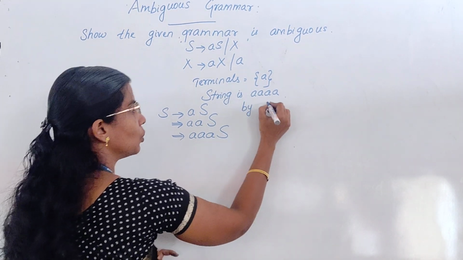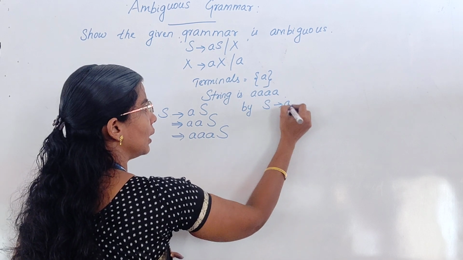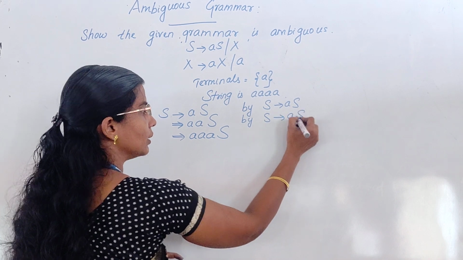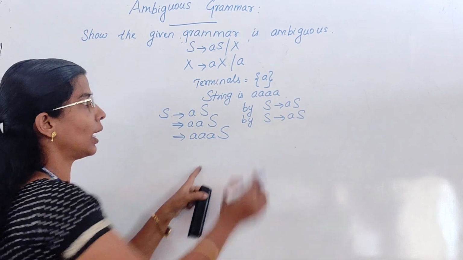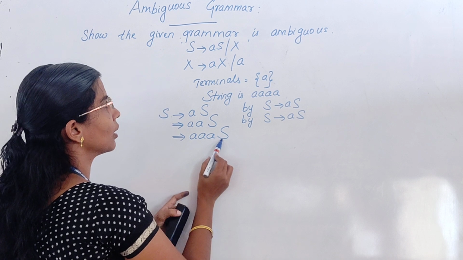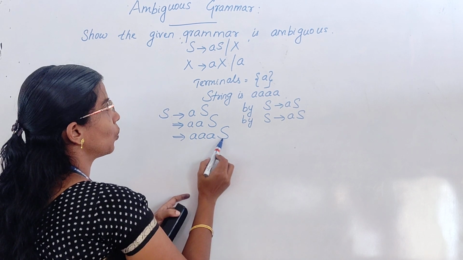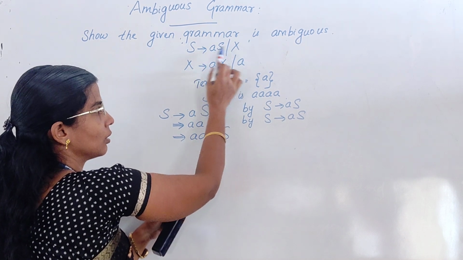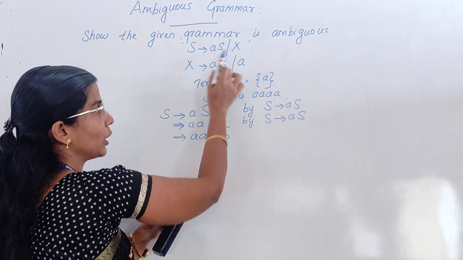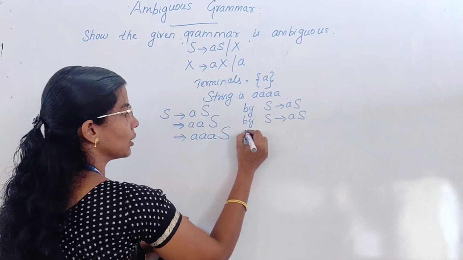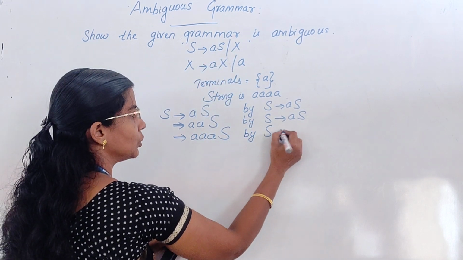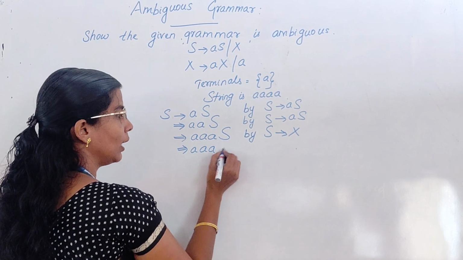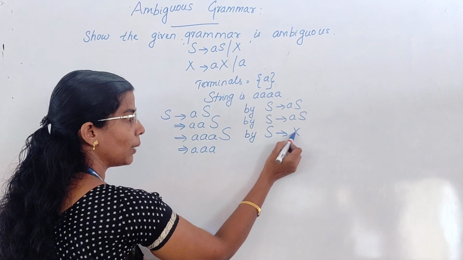By which rule? S tends to AS. Here also it is by S tends to AS. Next, I need one more A. S has two productions, so I will use this production, S tends to X. So here, I replace this S by X.